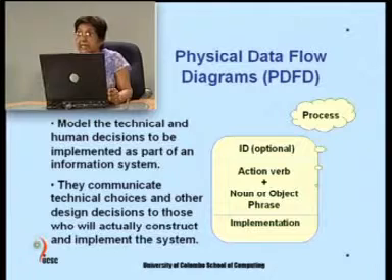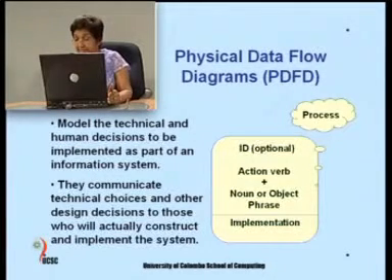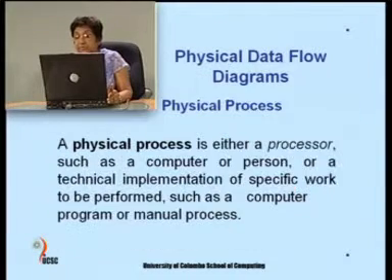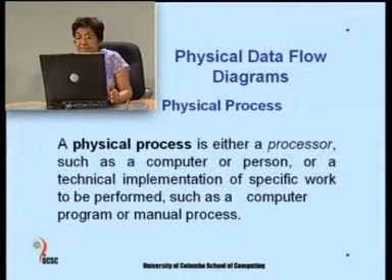It just said what the process is, but it didn't indicate how you are going to do it or who is going to do it. But in the physical data flow diagrams, the process must have who is going to do it, whether it is the CPU going to do it, or whether it is a person, whether it is done by a computer program, or whether it is done by a manual process, and so on.